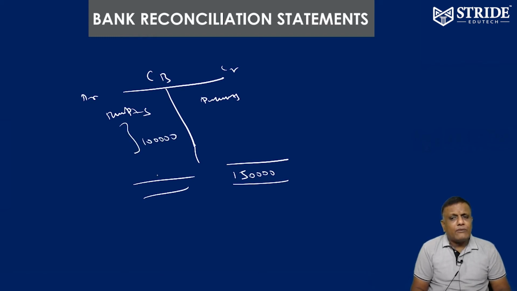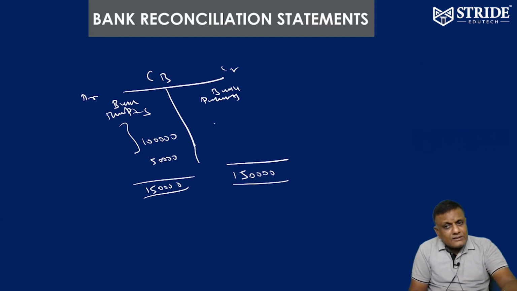I am talking about only the bank column, no cash column, no discount column. So I have a receipt of 1 lakh in my bank column, and 1.5 lakhs is the total. So 50,000 is the difference. We have more payment than receipt.